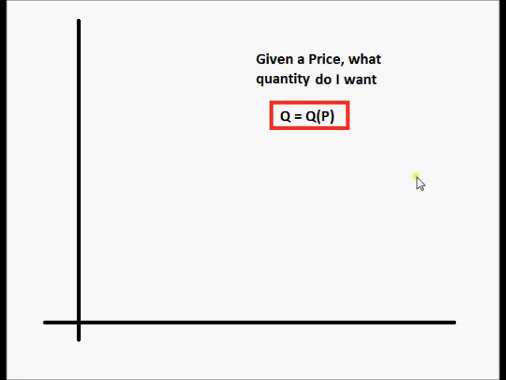If we want to describe a demand curve, we have some axes here, but in addition to just having these axes, we need to label them to know what we're talking about. The standard way to label these axes is to put price on the vertical axis and quantity on the horizontal axis.